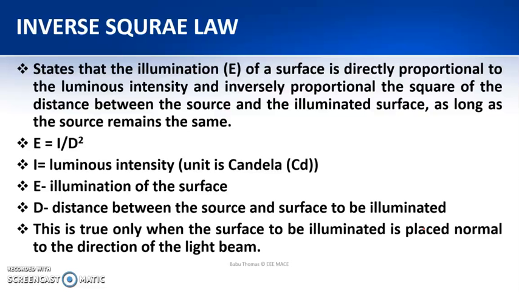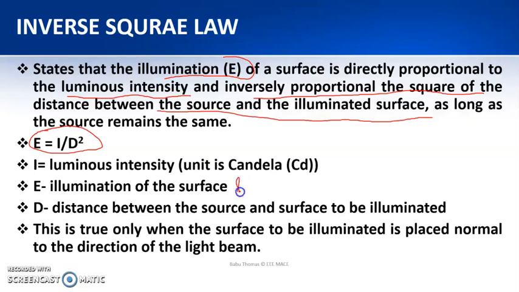It states that the illumination E of a surface is directly proportional to the luminous intensity and inversely proportional to the square of the distance between the source and the illuminated surface. So E is equal to I divided by d square, where I is the luminous intensity and E is the illumination of the surface, and that unit is lux.